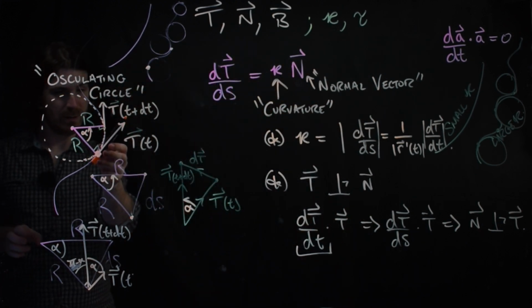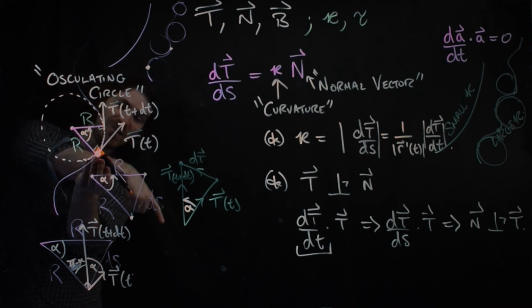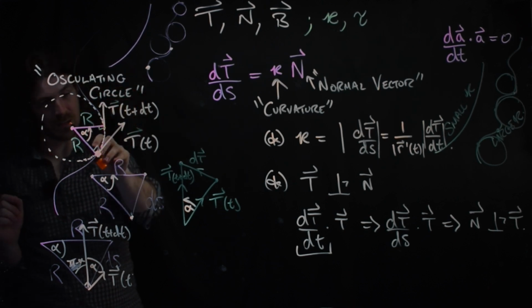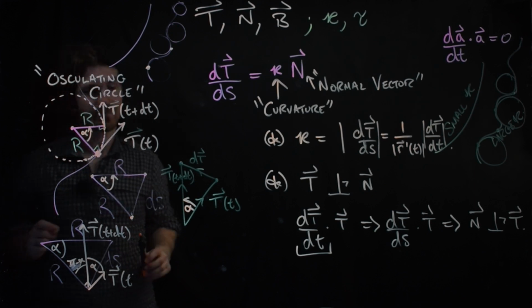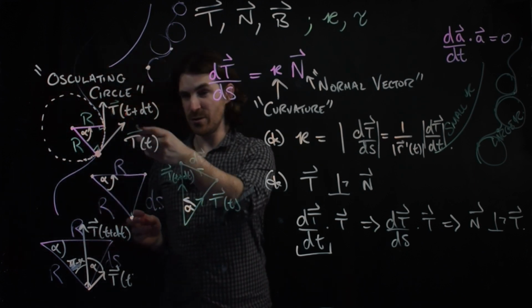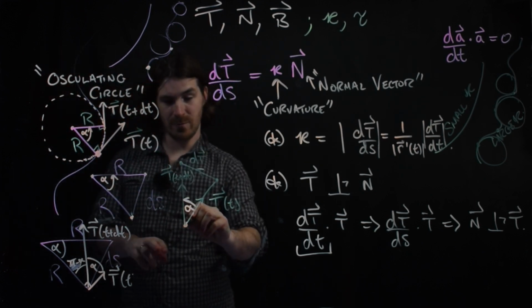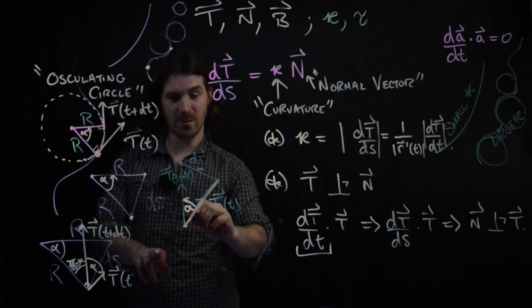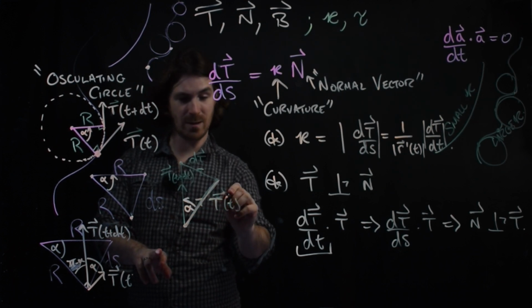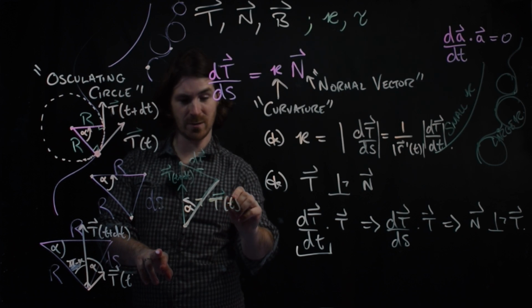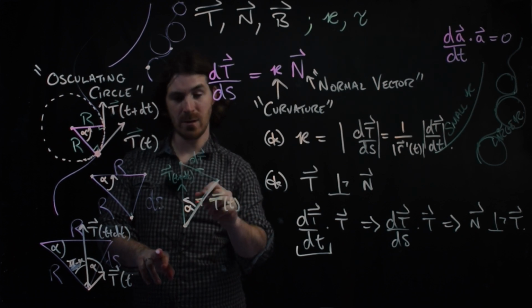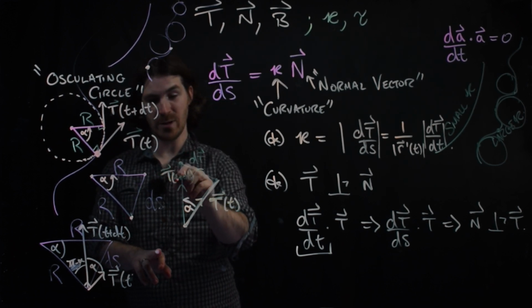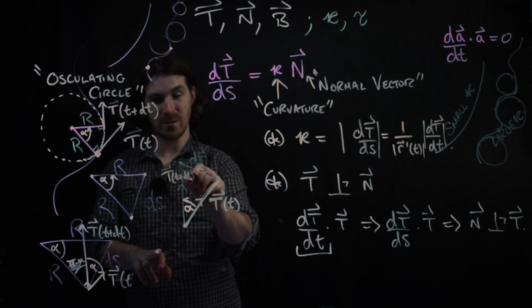It can either be perpendicular in this direction, or it could be perpendicular and pointing in this direction. But if we look at our circle, this was our tangent at t, the tangent vector at little t, and then we increased t and got a new tangent vector at t plus dt.